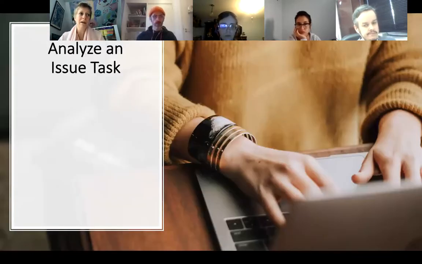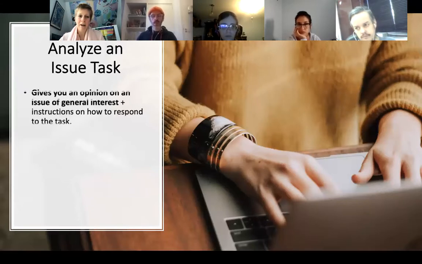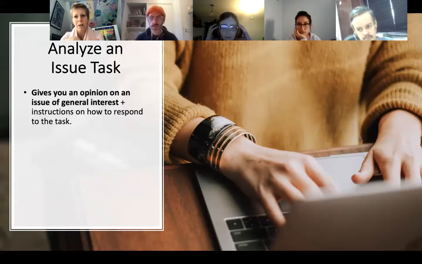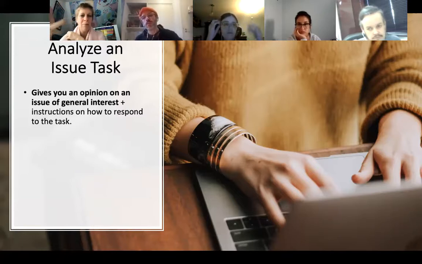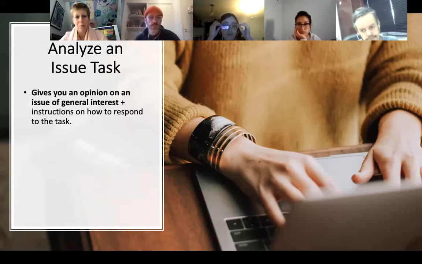So for the analyze an issue task, this is one task, okay? You're going to be given an opinion. So think about, in a lot of your classes with me, you've already shown me and yourself that you can support your opinion about something, right? Even when we just practiced speaking, you said, first, I agree, I think this, then my second reason is this, and you were able to give your examples.